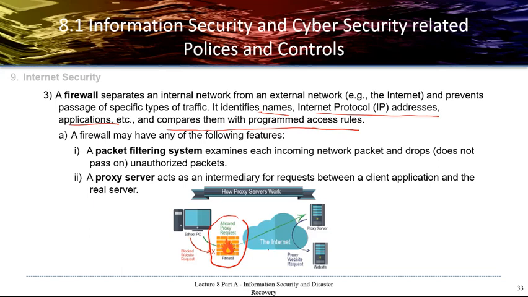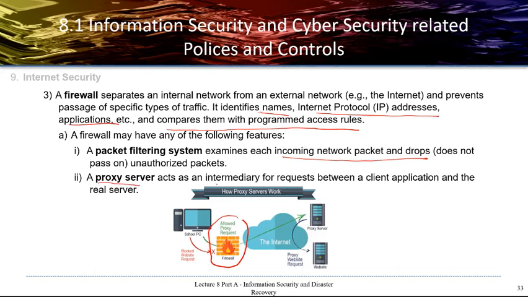Probably the front website anybody can access, but through the proxy servers you allow them to go inside, and inside you can't access any of the servers without that protection. With firewalls you get packet filtering systems, which examine incoming network packets and drop them if unauthorized. That's called packet filtering.